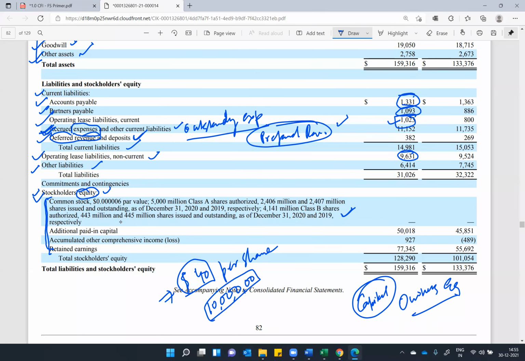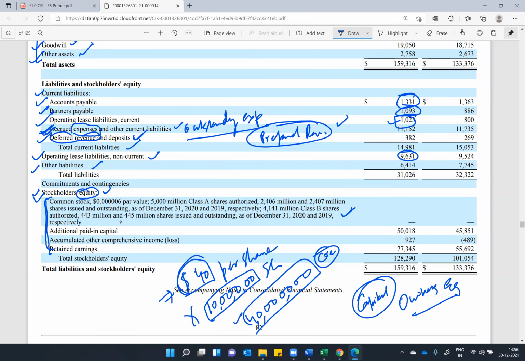So what is the total equity? This is 4 crores, yeah, 4 crores of total shareholder equity that you have got.